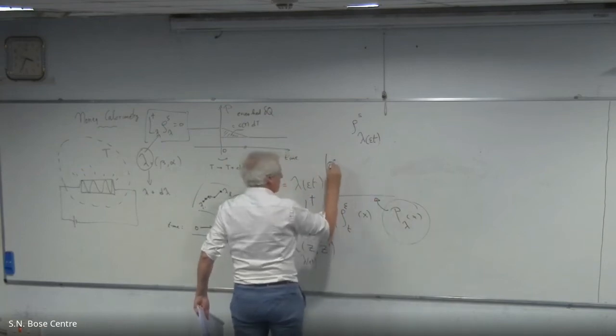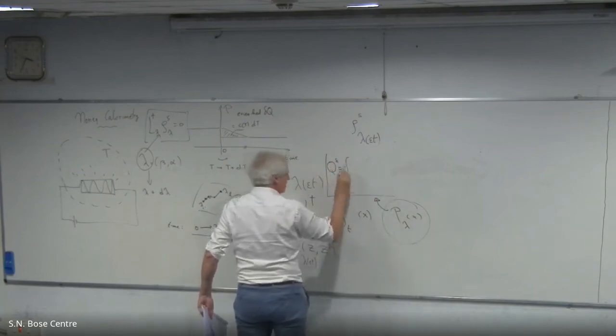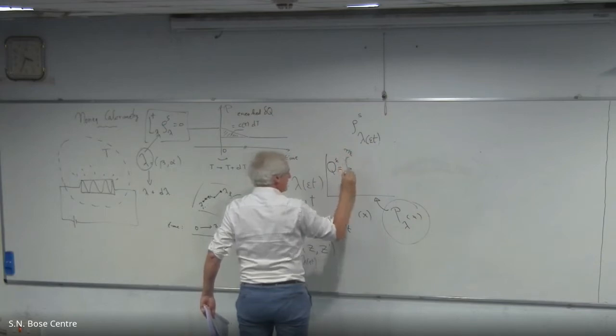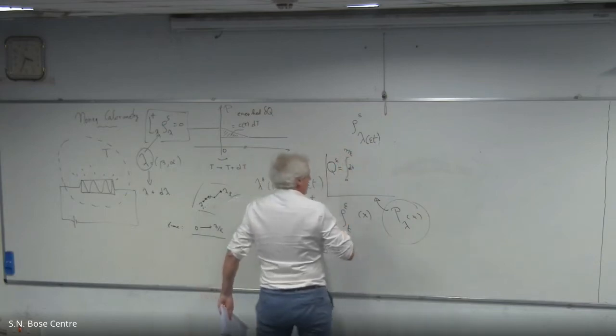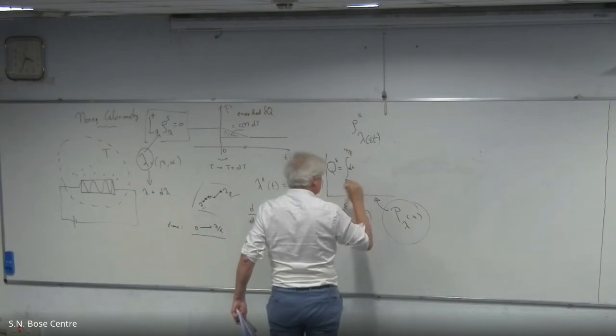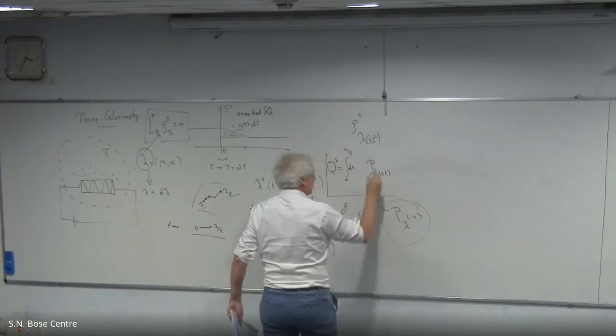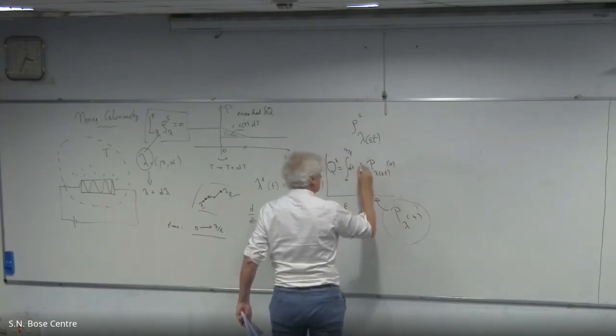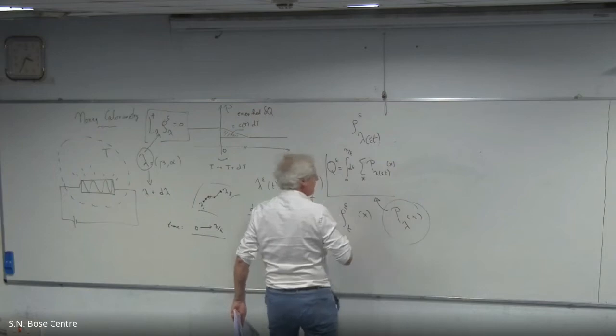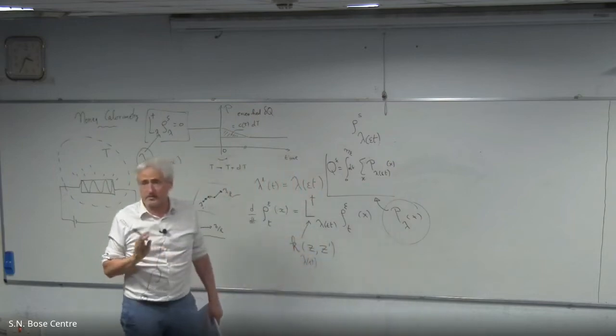I repeat Q epsilon. I have an integral, that doesn't change. Now I have this function. I evaluate it at time epsilon t, in x. And here I do it as if it is a discrete state space, just to make sure.